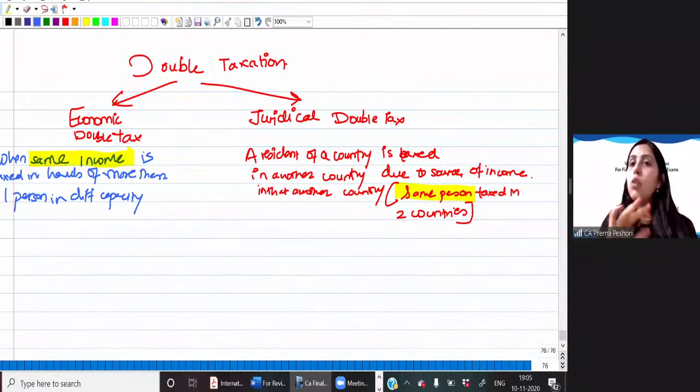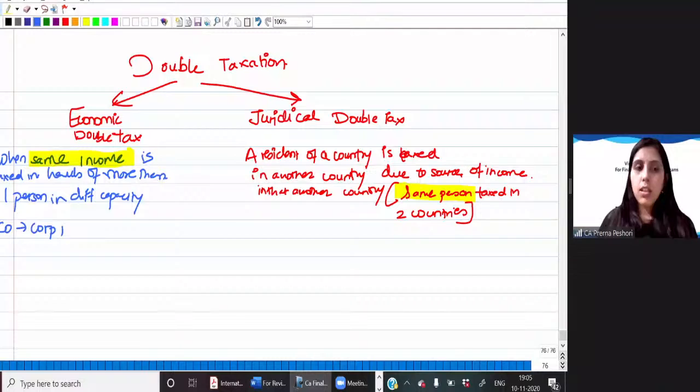Now dividends are taxable in the hands of the shareholder, right? But earlier dividends were exempt in the hands of the shareholder, and DDT was levied on the company. Or even now, a company pays corporate tax on its profits.